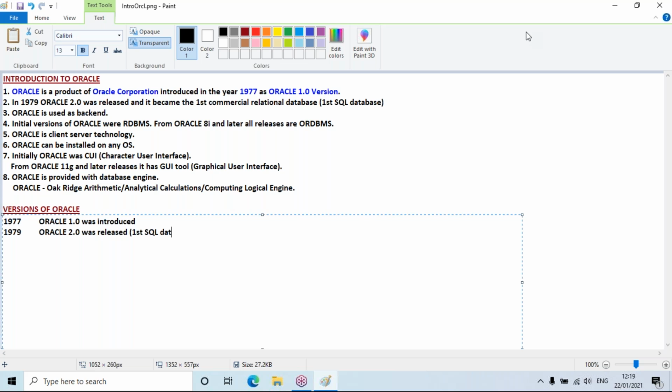And this is the version that was called the first SQL database. Now after that, in 1983, they came up with Oracle 3.0. In 1984, they came up with Oracle 4.0.